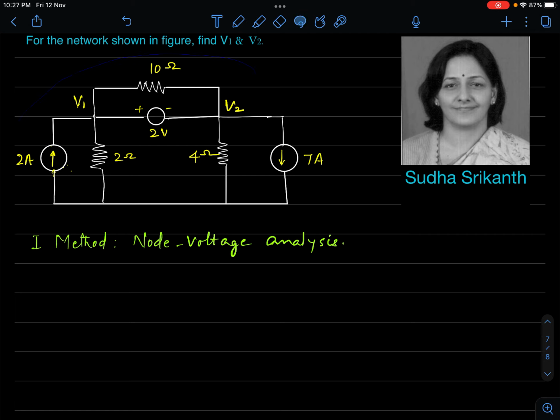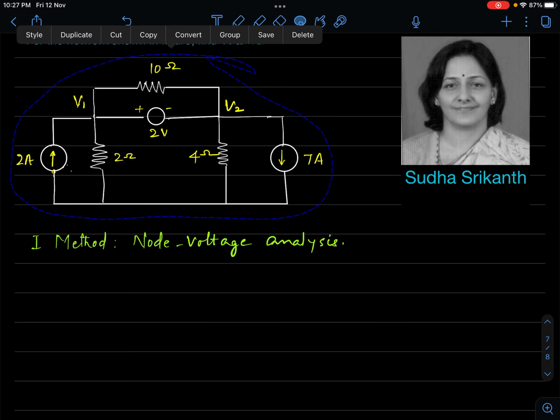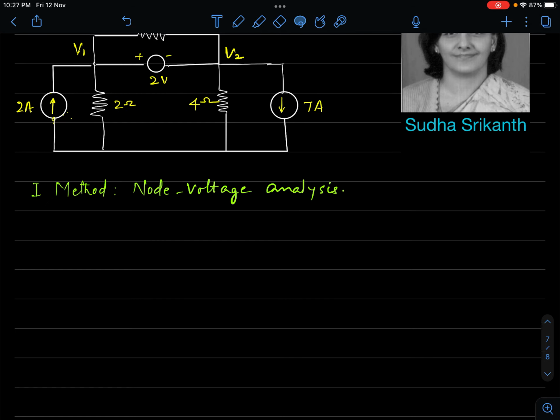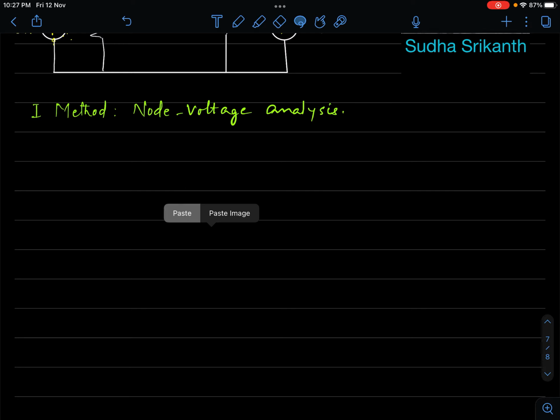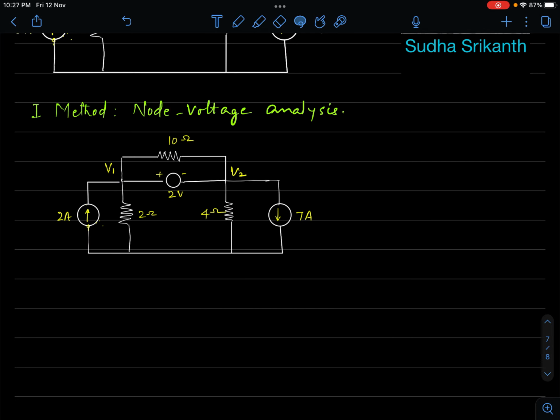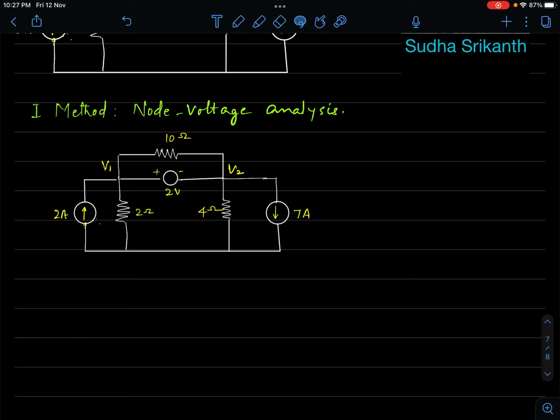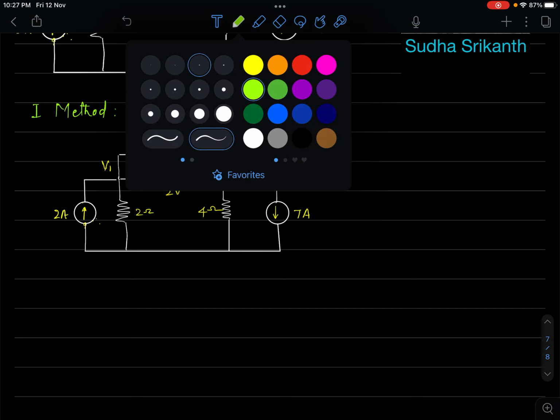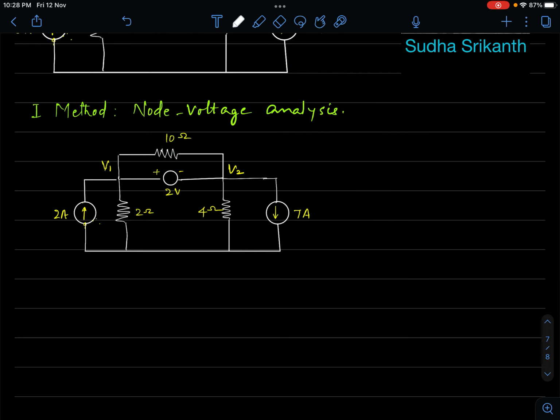So we will have node voltage analysis. I will take the circuit that is given, copy it, and paste it here. I'll reduce it in size slightly and arrange it properly. When we are trying to do a problem by nodal analysis, we identify the nodes in the circuit.